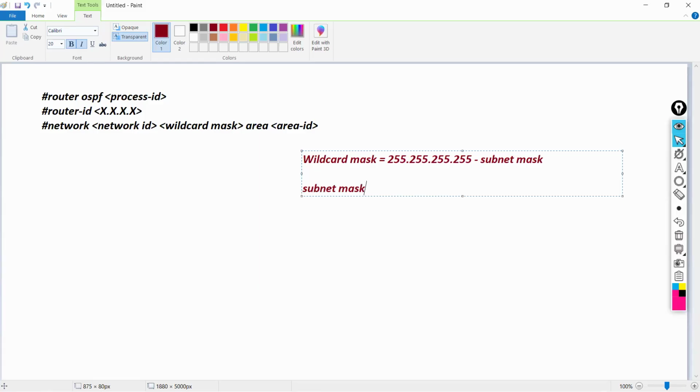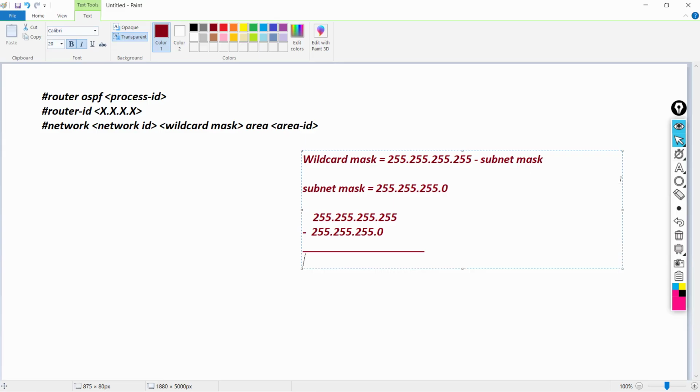So for an example, you have a subnet mask something like 255.255.255.0, /24. If I want to calculate the wildcard, what I'll do is take 4 times 255, 255.255.255.255, and from that I'll subtract 255.255.255.0, and this will give me the wildcard mask 0.0.0.255. So this will be my wildcard mask.